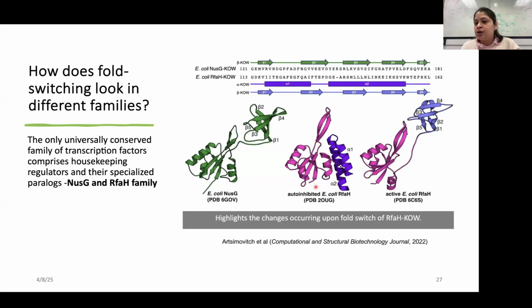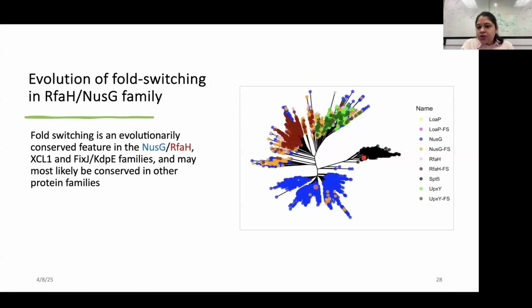Here, fold switching is triggered by binding to a partner, and it shows various members of the superfamily having fold switching, and it's pervasive. So there are different ways fold switching has evolved in these families, and they are fascinating to look at. So this is the tree that I want to talk about a little bit more.